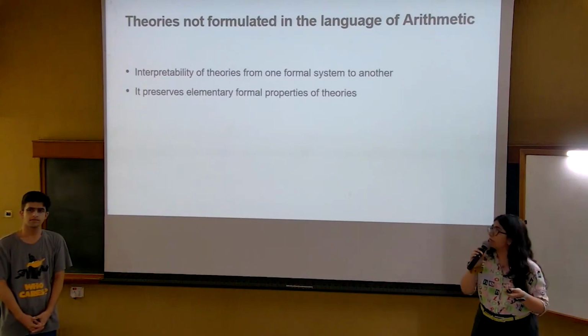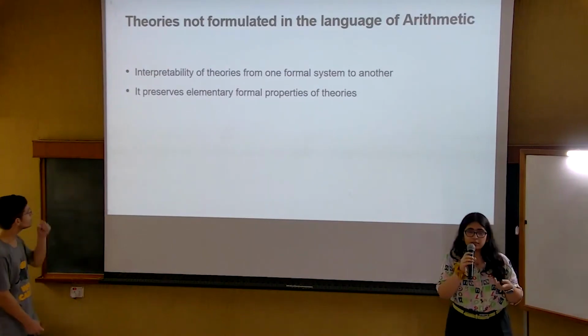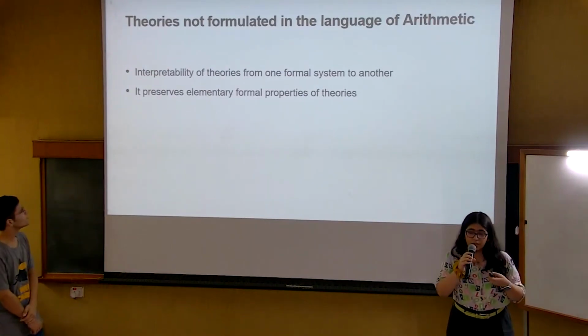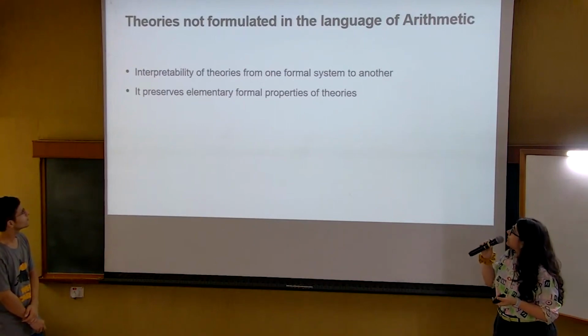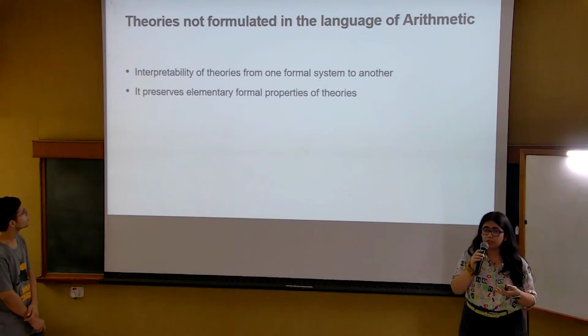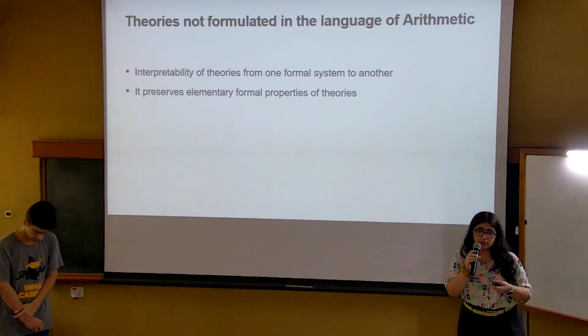That is what interpretability of these theories shows, and Gödel used this method for the proof of this theorem. It preserves elementary formal properties of theories which are very important to us, such as consistency and completeness of theorems.